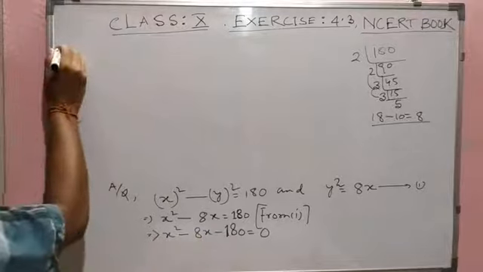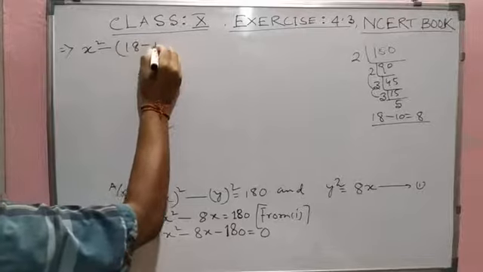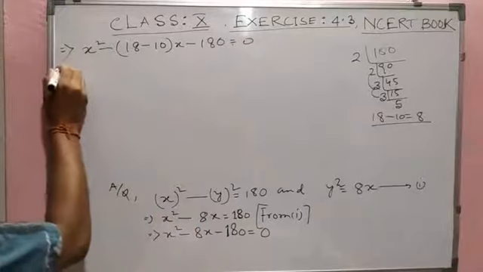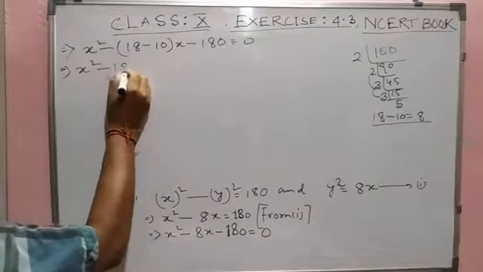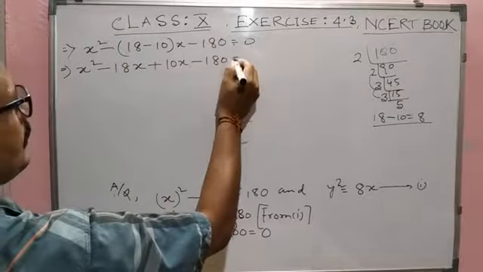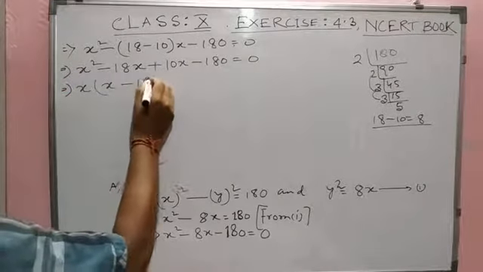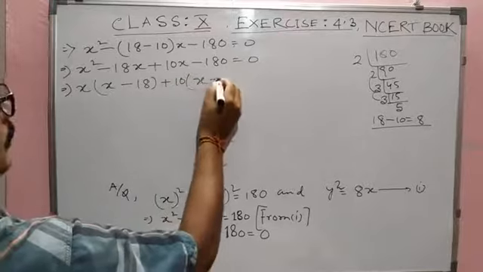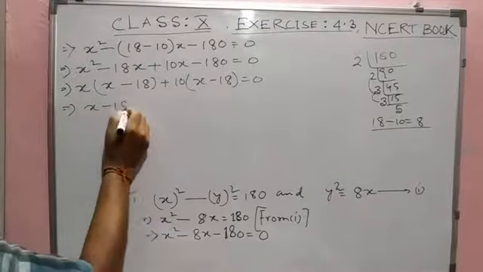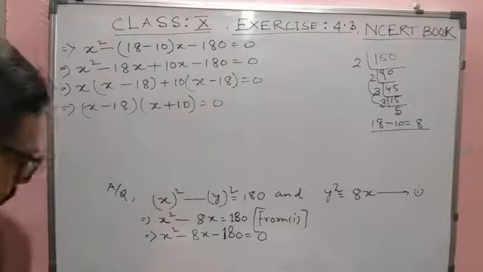Middle term is 8, so we can write this as x square minus 18x plus 10x minus 180 equals 0. Taking x common, it will be x into x minus 18 plus 10 into x minus 18. This implies that x minus 18 into x plus 10 equals 0.